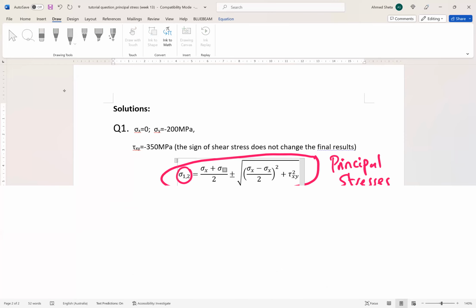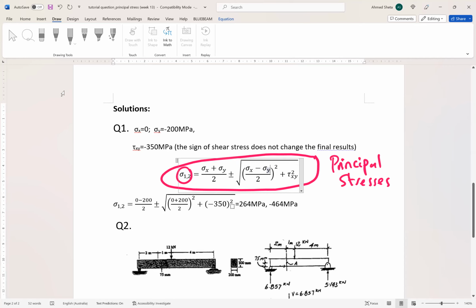So please change it in your file if you download it from the Learn Online website. So this is our formula: sigma x plus sigma y over 2 plus or minus the root of sigma x minus sigma y over 2 all squared plus tau xy squared.